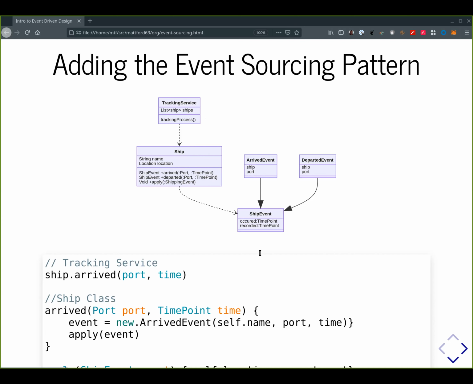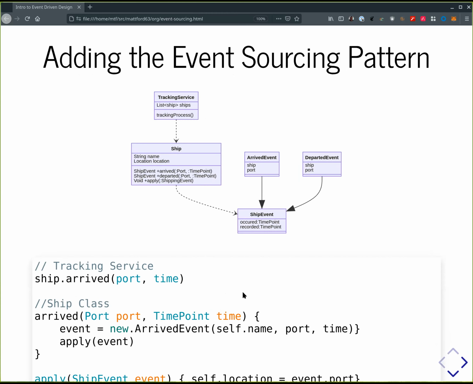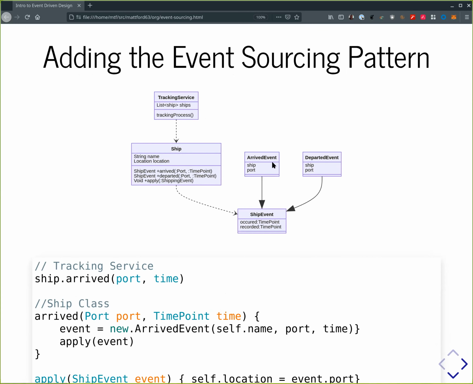Before we set the location, what we do instead is create another object, the arrived event. We set that to the ship, the port. We include the time it occurred, which is information from the actual tracking service, and we insert the time it was recorded, which is when the object was created.